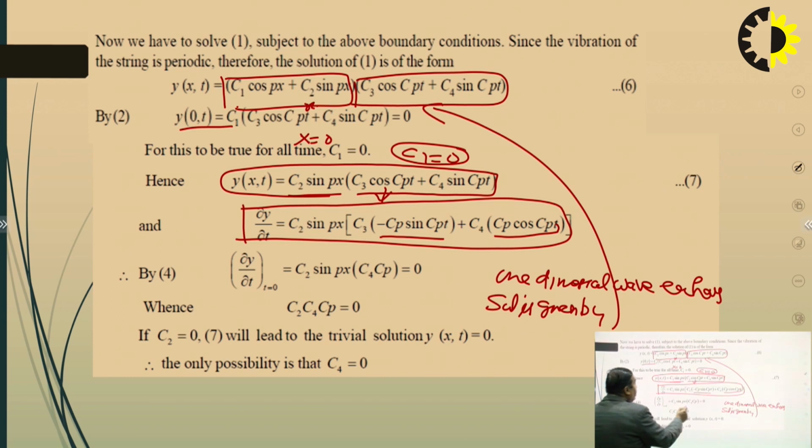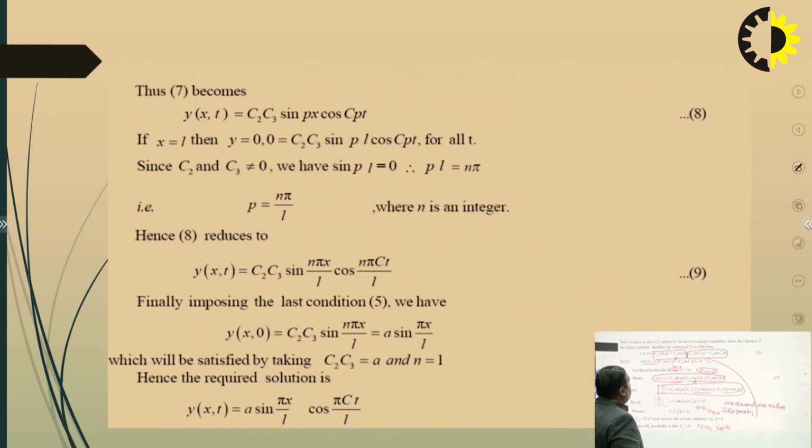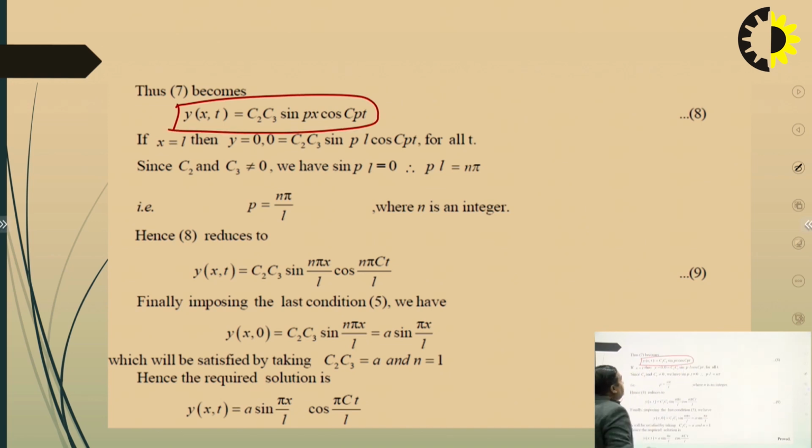On putting t is equal to 0, the sin expression becomes 0 and from the cos expression c4 is equal to 0. That means of the four constants c1, c2, c3, c4, c1 is already 0 and c4 is equal to 0. There remain only two constants c2 and c3. Now the solution that remains is y(x,t) is equal to c2 c3 sin px cos cpt.